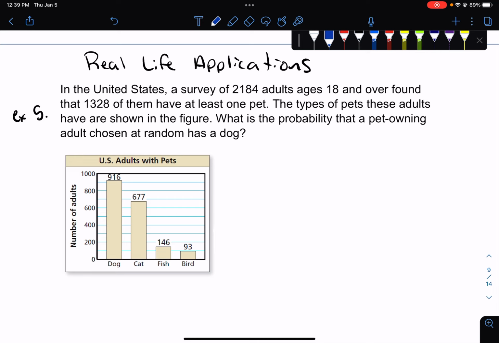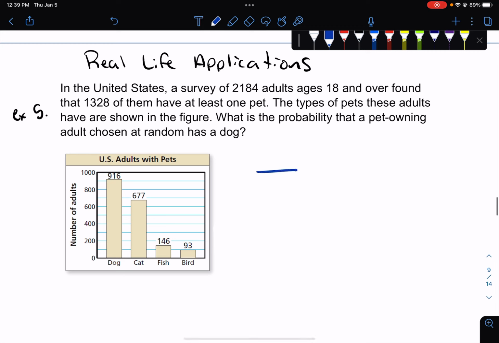So one of the things, when I taught 7th grade, that I made them do right now is put what should go on top and what should go on bottom before they even look at the diagram. When it says, what is the probability that a pet-owning adult has a dog?